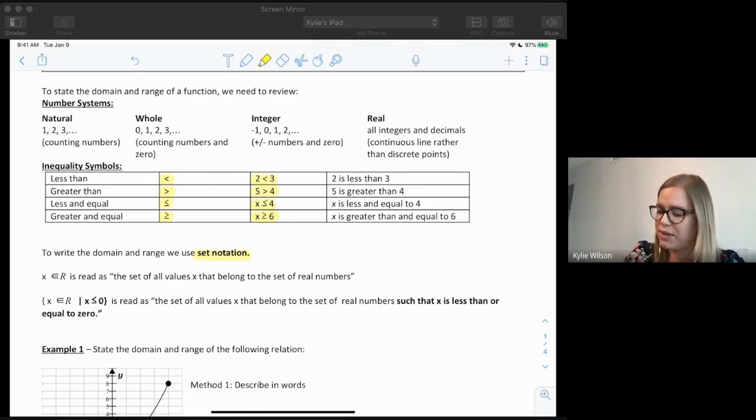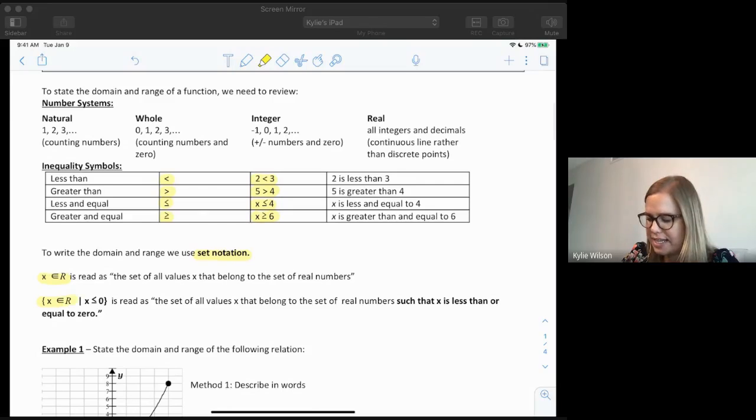If we look here, the first line says x, and then this funny e thing and then R. How that is read in English is the set of all values belonging to the set of real numbers. That funny E there means is an element of. It's telling you that x belongs in the real numbers.